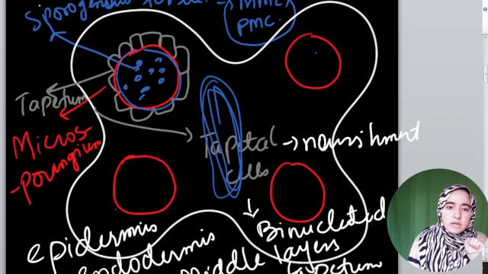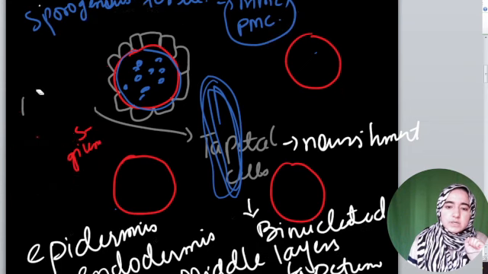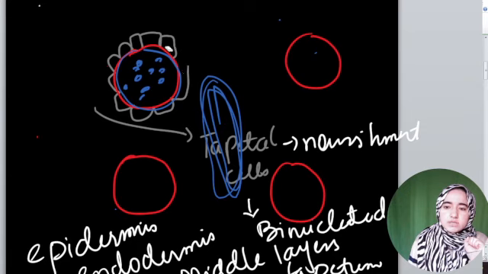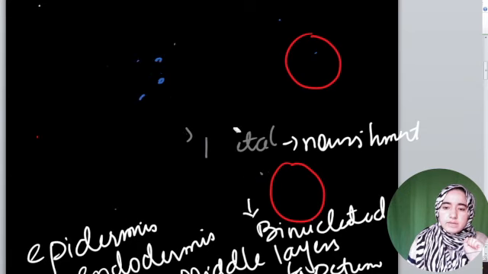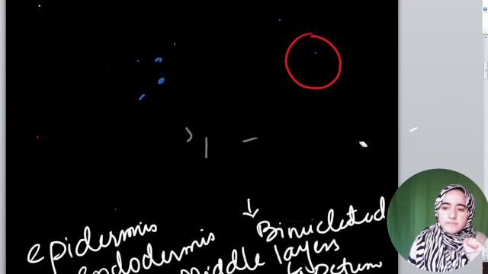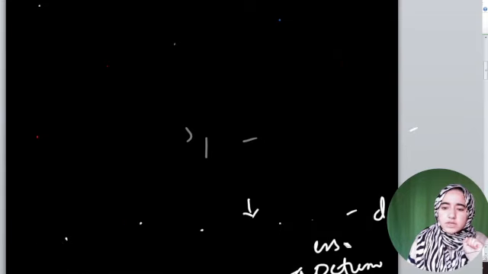You will remember the microsporangium appears circular in transverse section. Let me write down the names of the layers. Please revise it continuously and do make notes so that you won't get bored, and it won't be a burden at the time of examination.